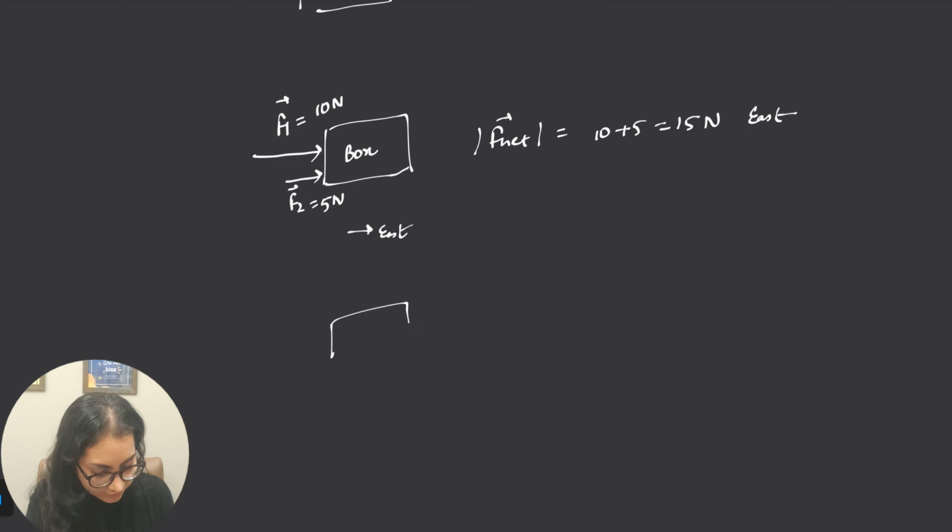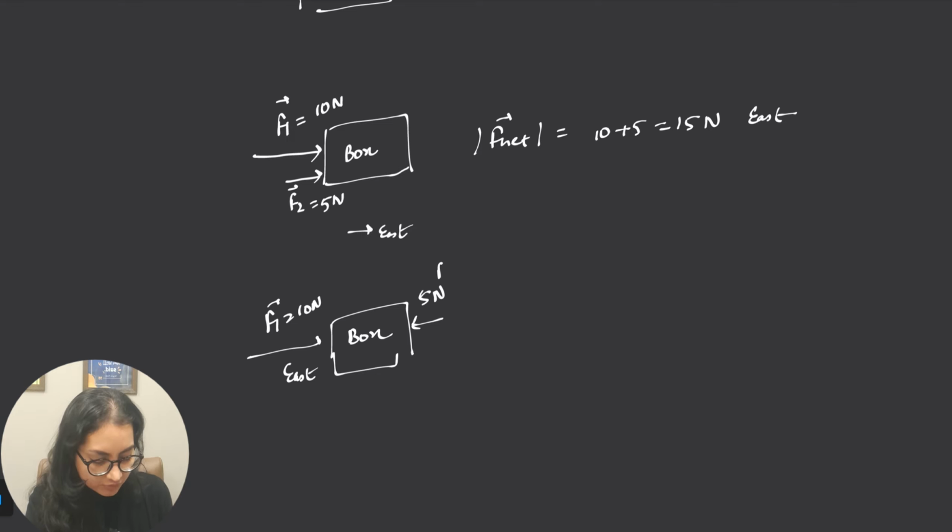But what if for the same box, I am applying the force of 10 newtons in east and my friend is applying 5 newtons in west? Now what's the net force? Can I simply say the net force is 15?